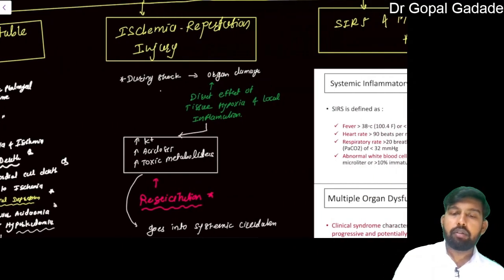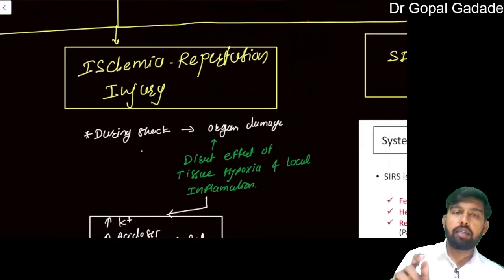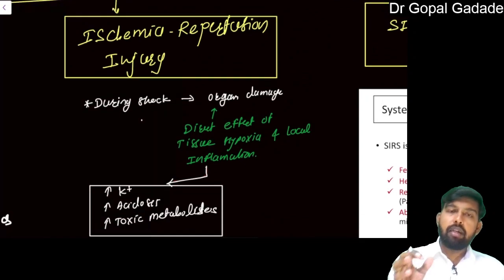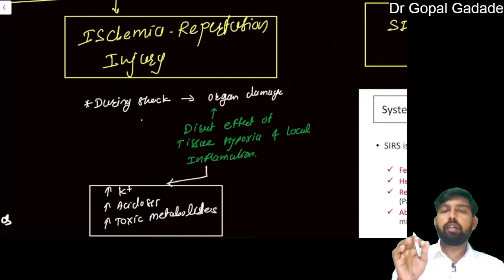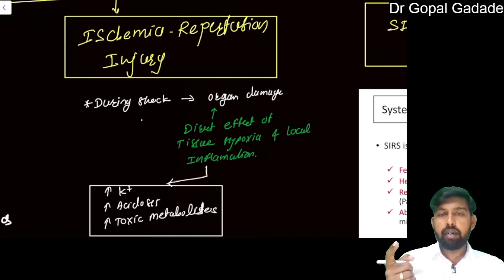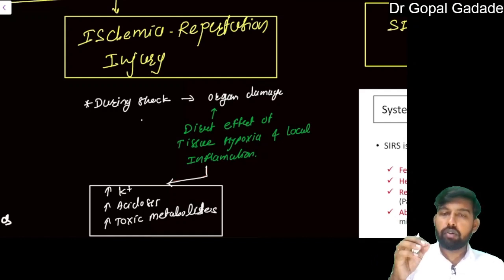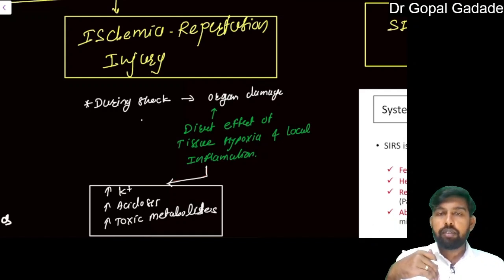Another consequence is ischemia reperfusion injury. Because of the shock, there is a formation of multiple cellular metabolites at the level of the cell. Because of the resuscitation, we give fluid and blood, and these metabolites which accumulated at the cellular level come into the systemic circulation and form toxic metabolites causing toxicity in different organs and leading to multiple organ dysfunction.